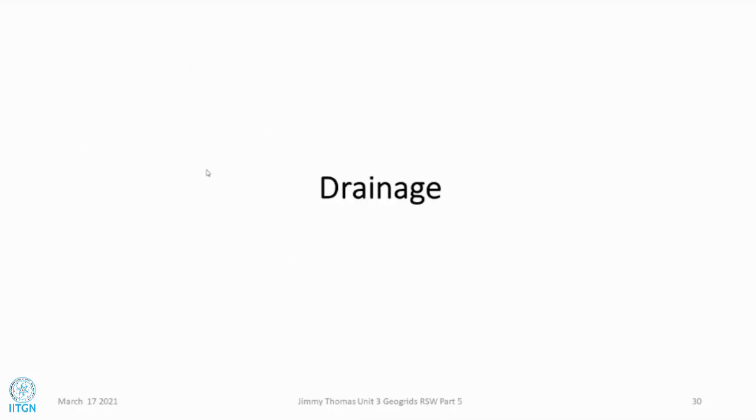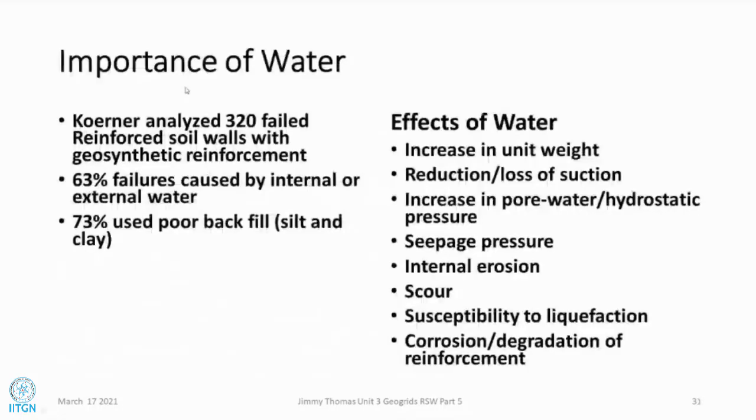Next, let's go to drainage, which is an important part. A lot of studies show that a large number of failures of reinforced soil structures are connected with water. So for example, there is this Koerner paper, 2013. It analyzed 320 failed reinforced soil walls with geosynthetic reinforcement.